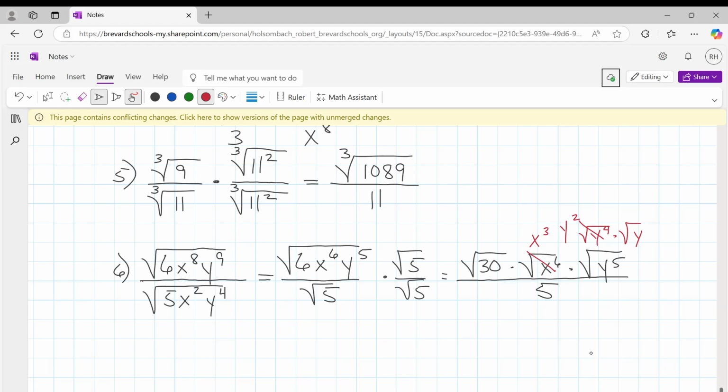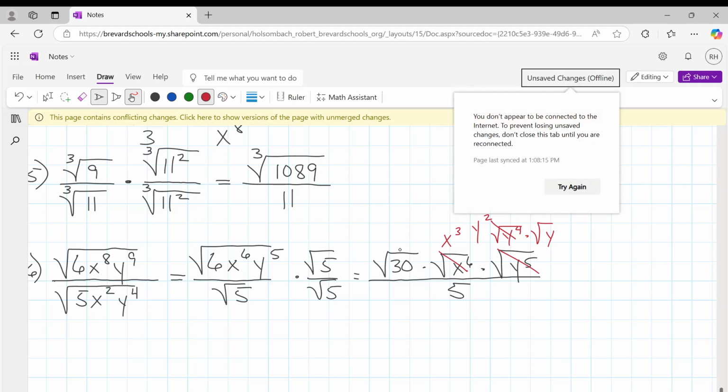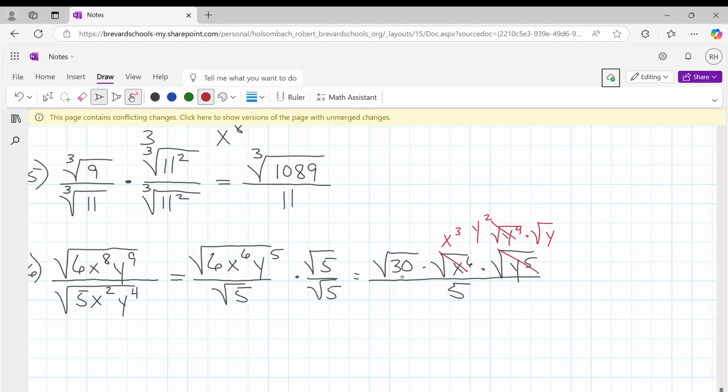So now we need to clean up everything on the top. So be careful, this gets sloppy. We simplified this square root of y to the 5th, so get rid of it. Now up top in the numerator, what we have that's not under the radical, we've got an x to the 3rd, we've got a y squared, times, under the radical, we have a 30 times y, which is 30y.